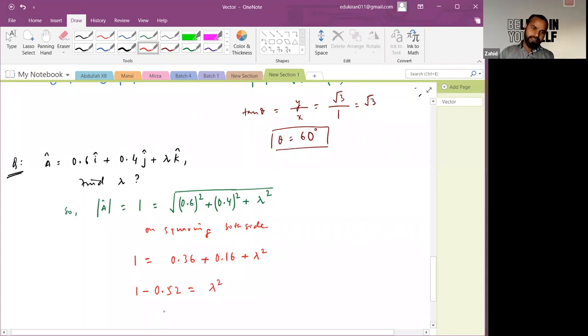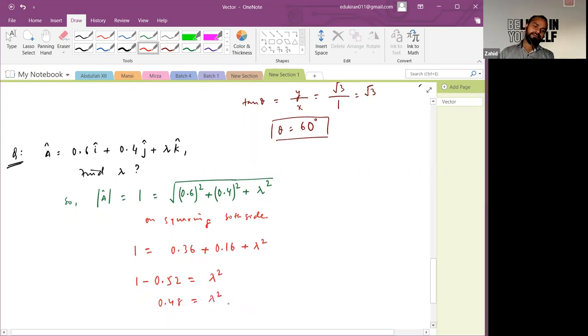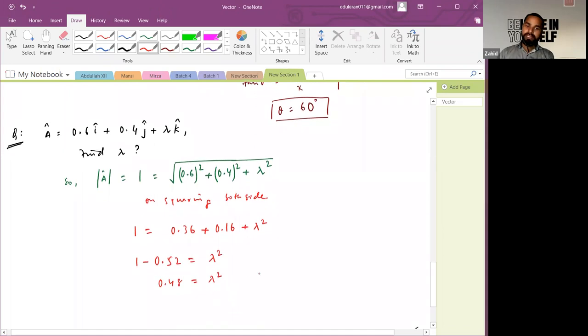So if you subtract these two terms, you will get 0.48 as lambda squared. And since you have to calculate lambda, move this square to the other side, you will get lambda equal to root under 0.48. Is it clear? Yes, sir.